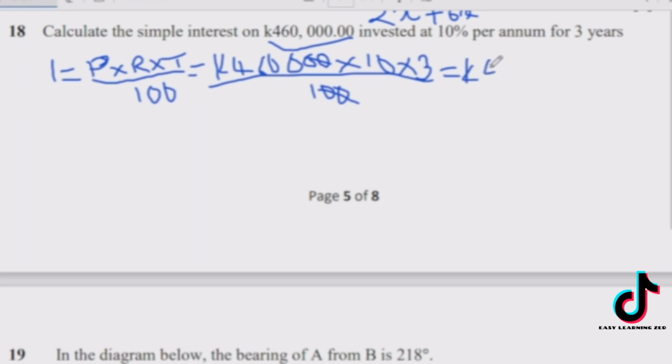I said 1 into 4,600 gives us 4,600. 4,600 times 10 has given us 46,000, which will be multiplied by 3.